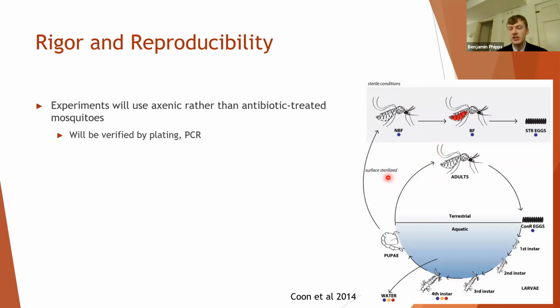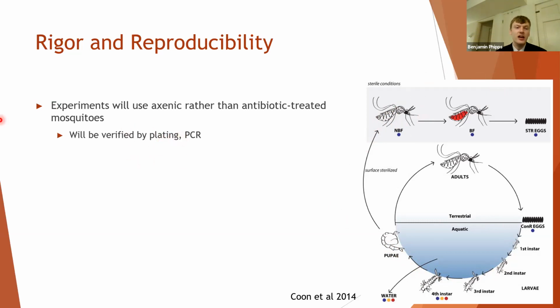And just briefly, this is our process: we surface sterilize eggs and rear up these larvae in water containing E. coli K12, which is ampicillin resistant. And then we surface sterilize these pupae and treat the adults with ampicillin, which wipes out the E. coli, and we end up with axenic females.